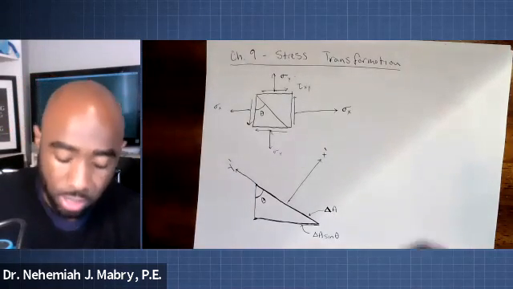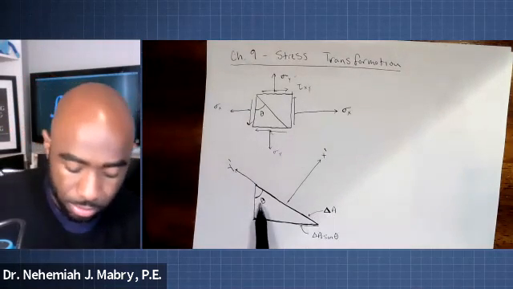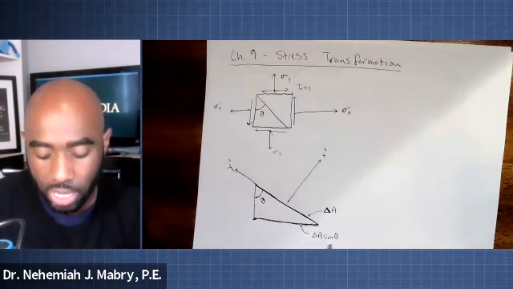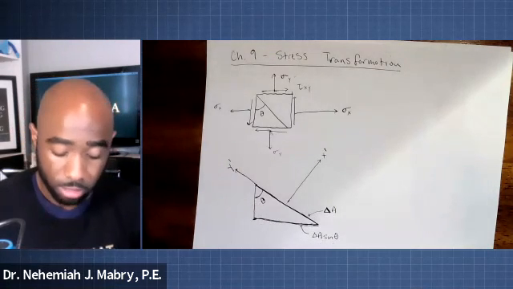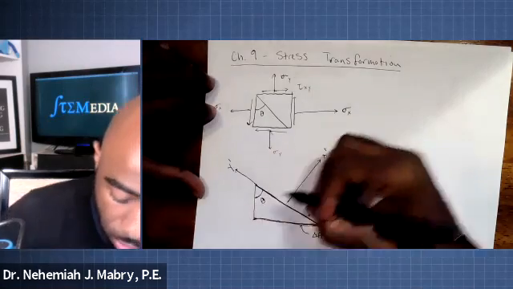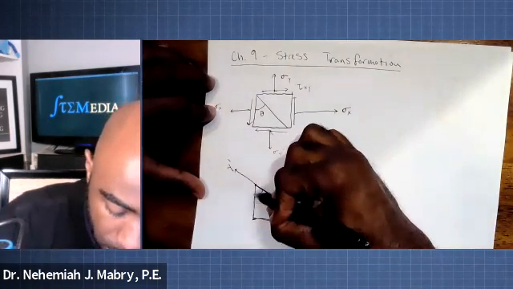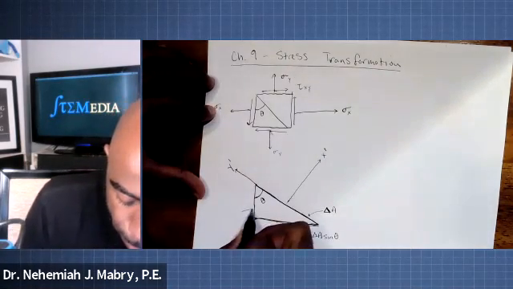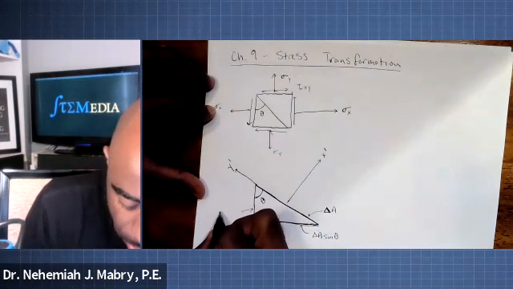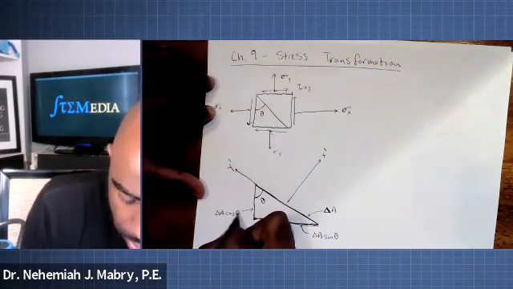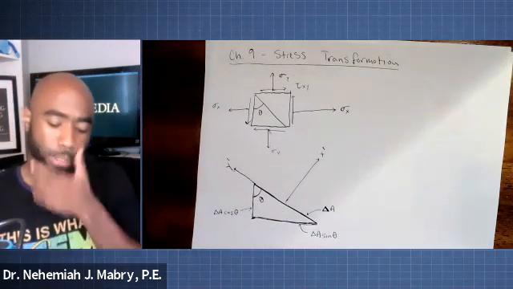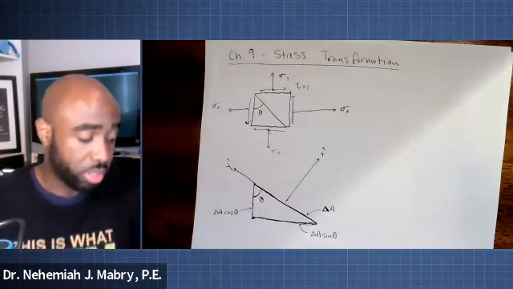Based on trigonometry, this is delta A sine of theta. And if you already thought ahead of where I'm going next and said that this side, in that case, is delta A cosine of theta, then you would be correct. Those are just the surfaces.